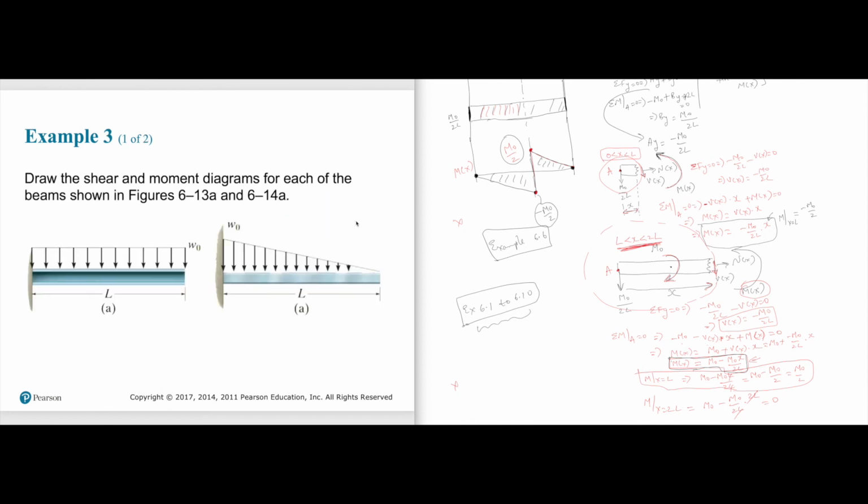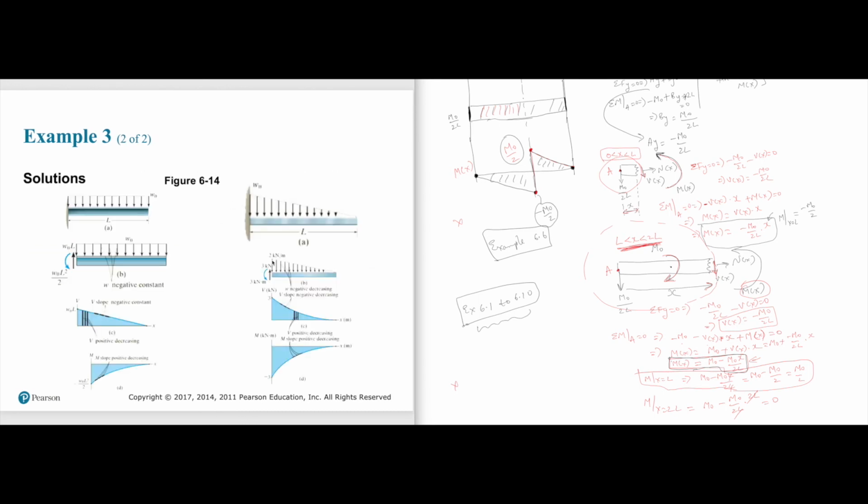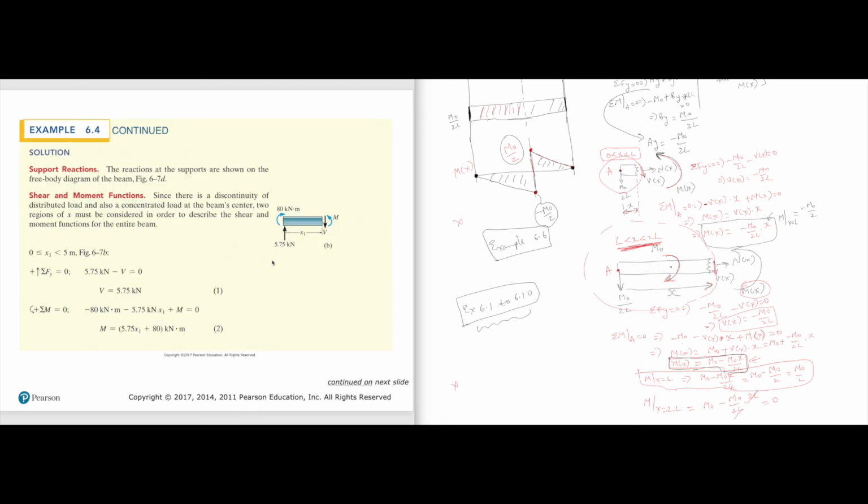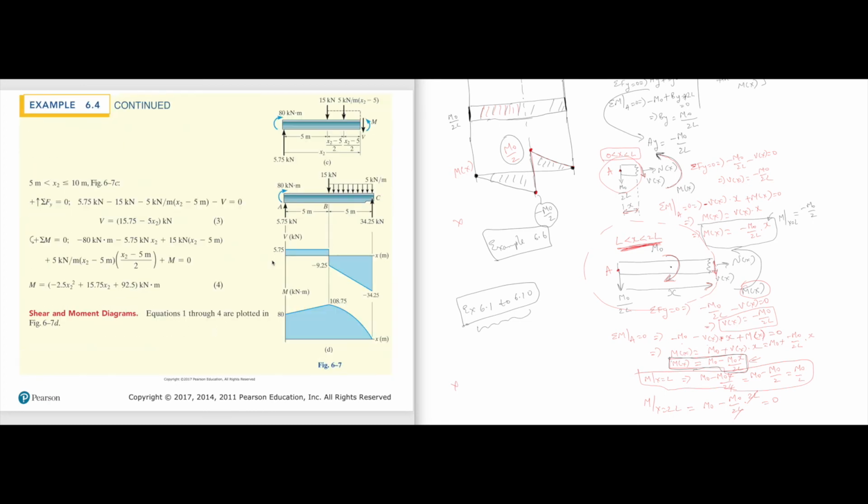So, for example, how would you draw the shear force and bending moment diagrams for each of the beams? It's given in the textbook. Please go over all these example problems. Example 6.4, all these example problems. For this loading, this is example 6.4 in the textbook, on page 269.